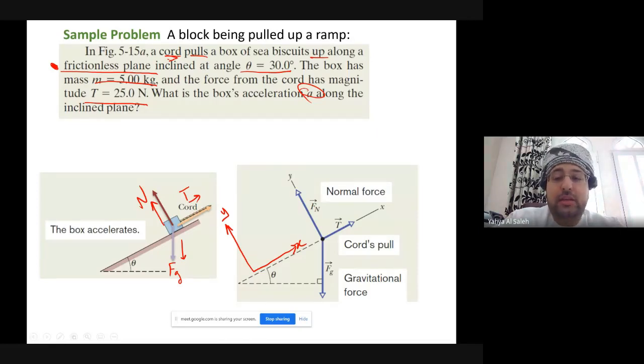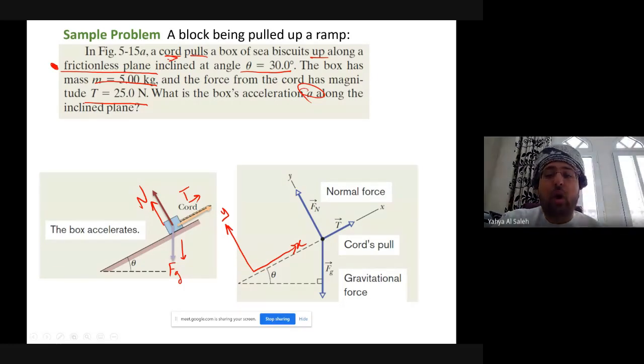Now what I can do is exactly the same thing, but instead of taking the components of T and of N, which is 4 operations, I will only take the components of the gravitational force Fg, and that would mean only 2 operations.